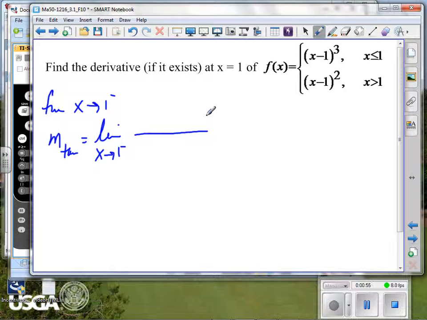Now remember, we're not talking about does the function have a limit there. We're saying does it have a derivative there. So we're going to use what's called the alternate definition. That's one we just looked at. And so we're going to have f of x minus f of 1 divided by x minus 1.